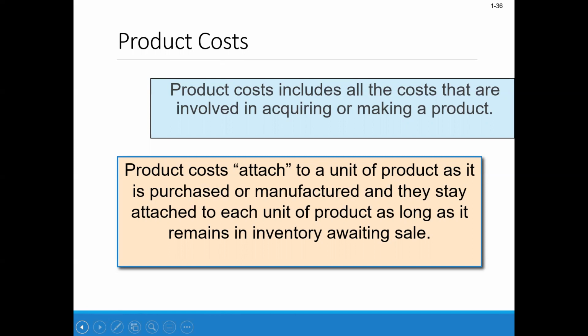And then we match them under cost of goods sold. That's what we mean when we're talking about product costs versus period costs. Period costs are going to happen no matter what products are being sold, like administrative and selling. Product costs are only expensed on the income statement when they're sold. Okay?